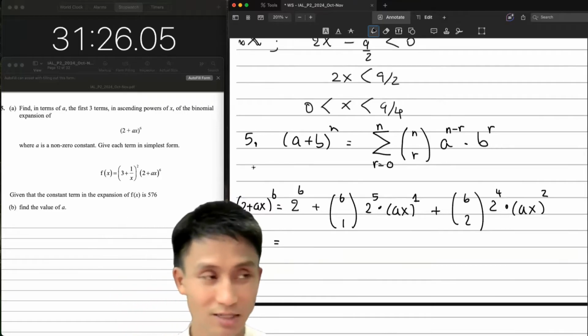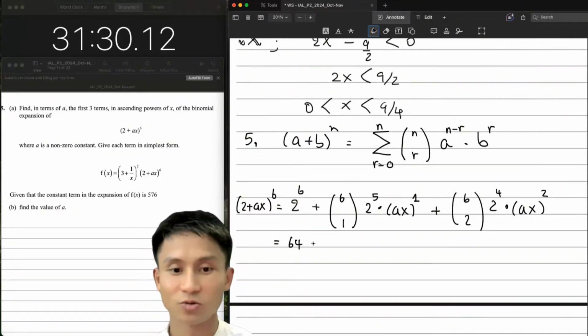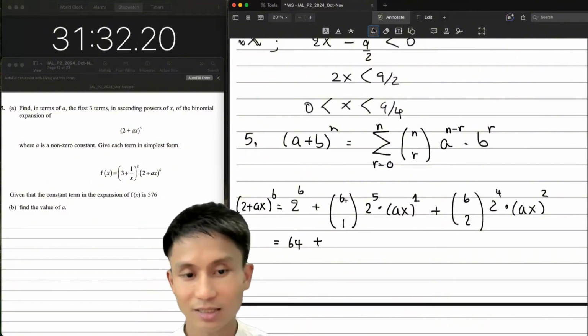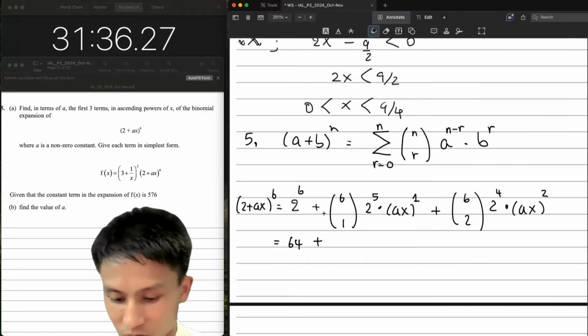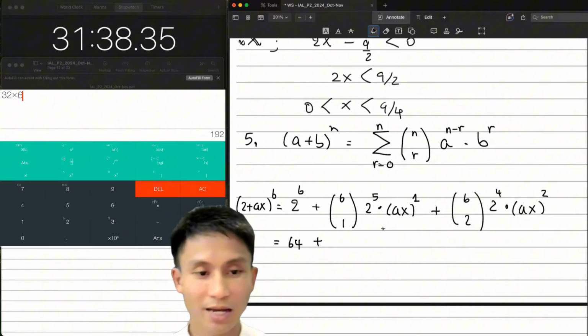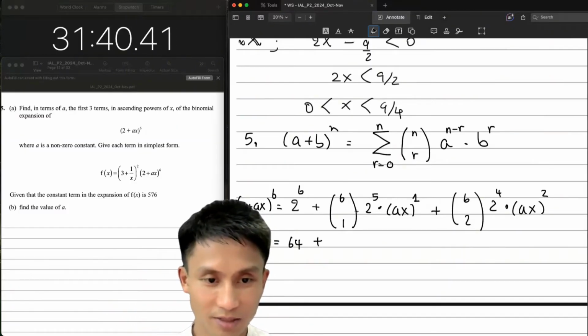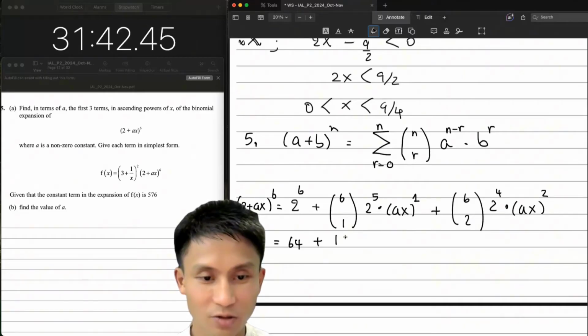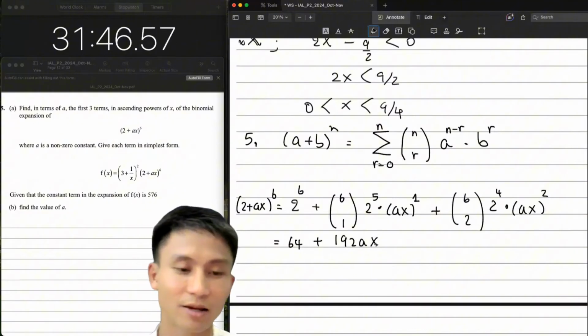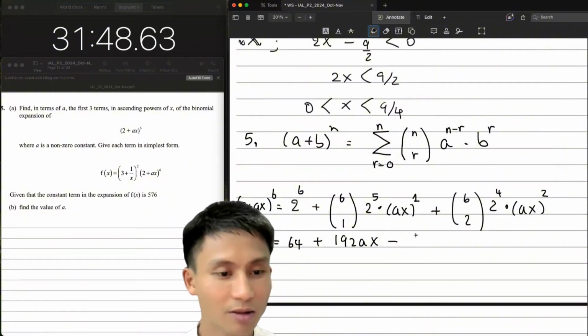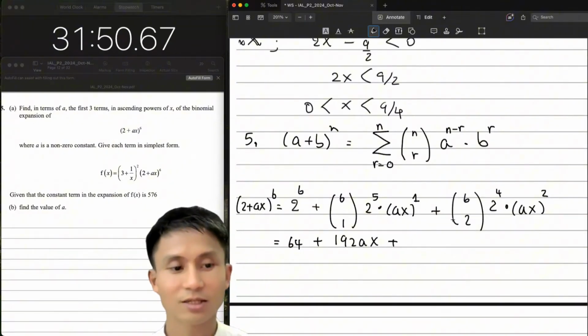So 2 to the 6 is 64, because that's 8 squared. 6C1 is just 6. 6 multiplied by 32 is 192, so 192ax, because that's not powering anything, right? And then the third term, well, we got 6C2.